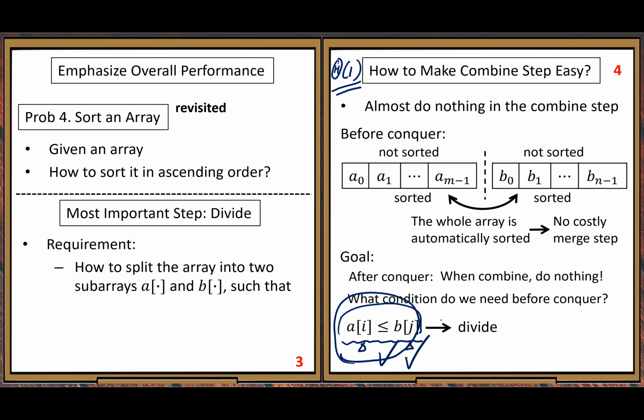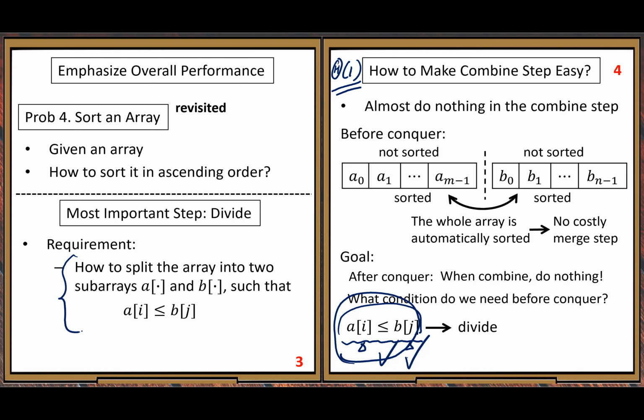Basically, we need to split the array into two subarrays, A subarray and B subarray, such that A of I is less than or equal to B of J. That's what we need to do at the divide step.